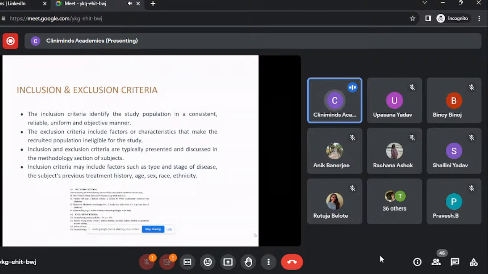In some criteria, a proper duration of that disease condition will also be present. For example, type 2 diabetes mellitus: it should be a new patient who is recently diagnosed, or otherwise type 2 diabetes mellitus diagnosed for at least 2 years. So the medical condition in which the study needs to be conducted, and the approximate duration or age of the disease condition, will be present.